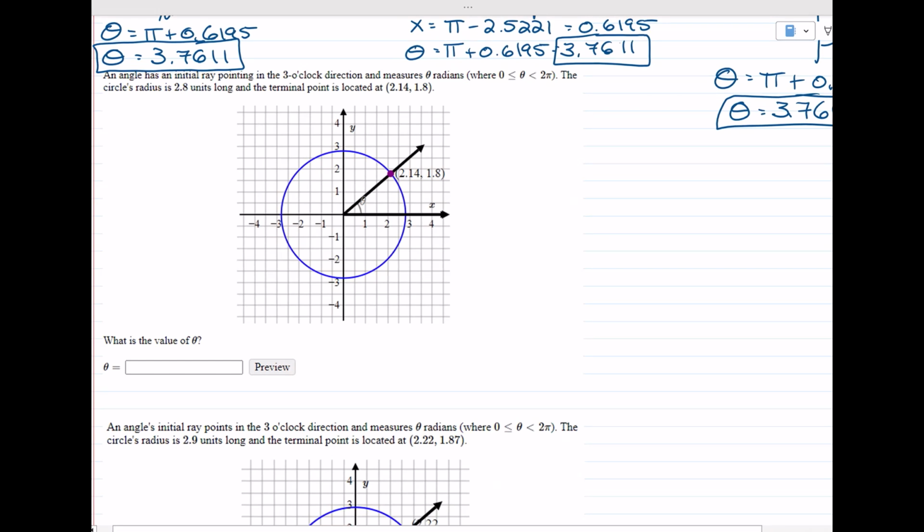So it looks like the angle is between negative pi over 2 and pi over 2. So it might make the most sense here to use either sine or tangent, because both of those inverses are defined between negative pi over 2 and pi over 2.